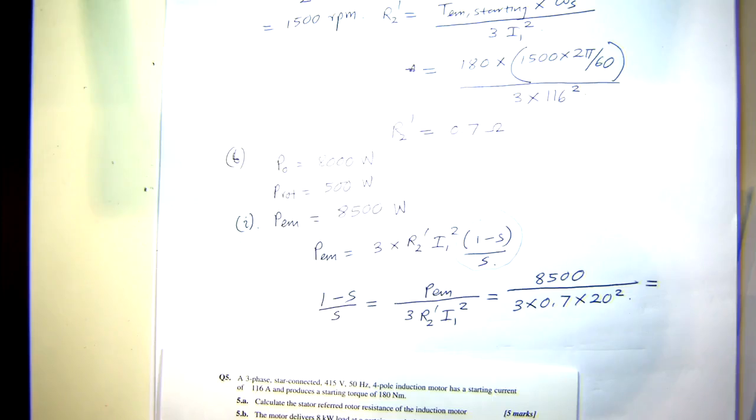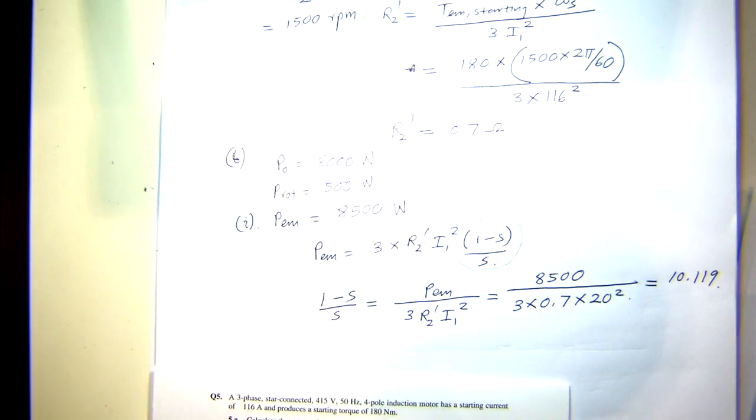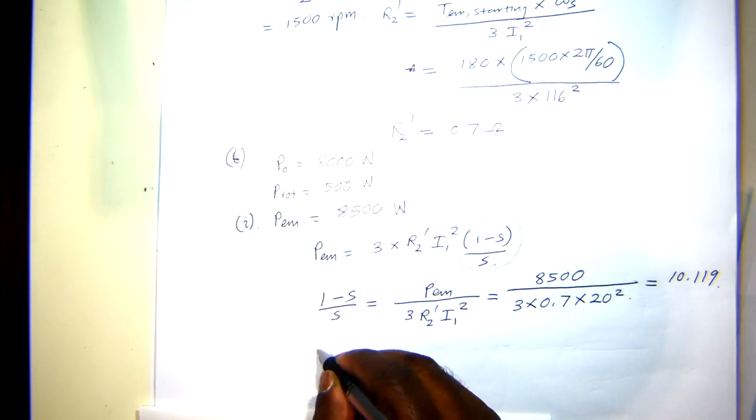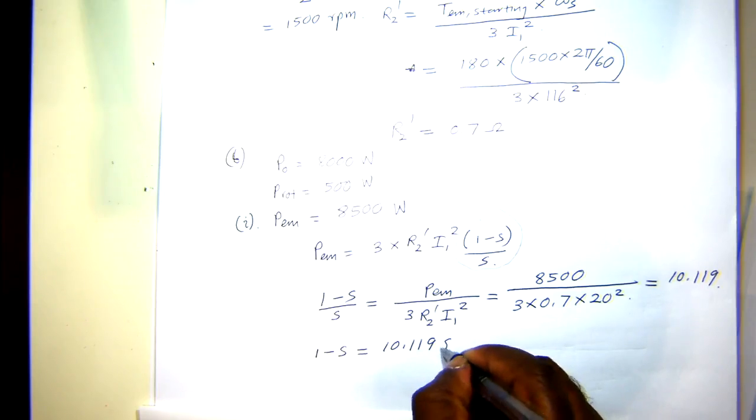So this turns out to be 10.119. So that's 1 minus s over s. So if we solve this, you'll get 1 minus s equals 10.119 s.